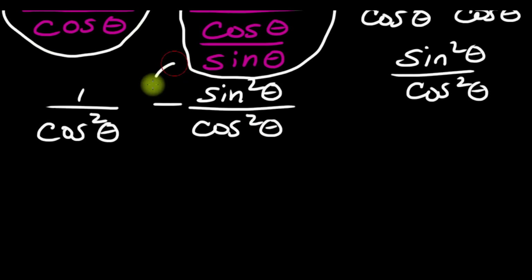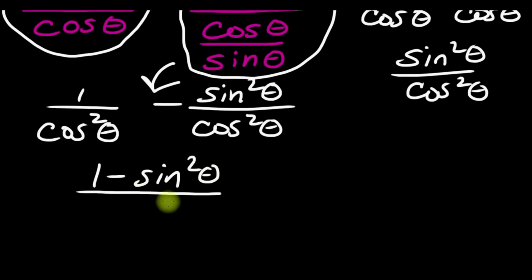You can subtract because you have the same denominator. So when you subtract, the numerator is 1 minus sine squared, and you keep the common denominator, cosine squared.